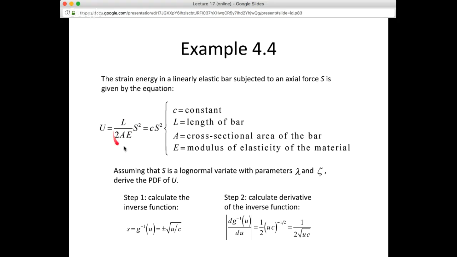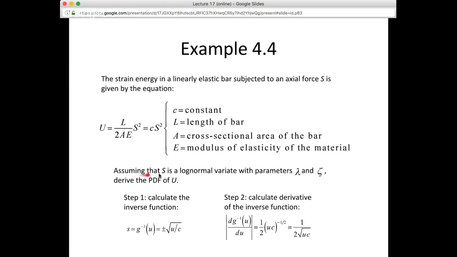Because L over 2AE are just a collection of constants specific to the particular problem of interest, a particular bar length, cross-sectional area and modulus of elasticity, we might as well lump them together and call that constant C. So really we're talking about the strain energy being equal to some constant times the axial force squared. So it's a quadratic relationship between the two of them.